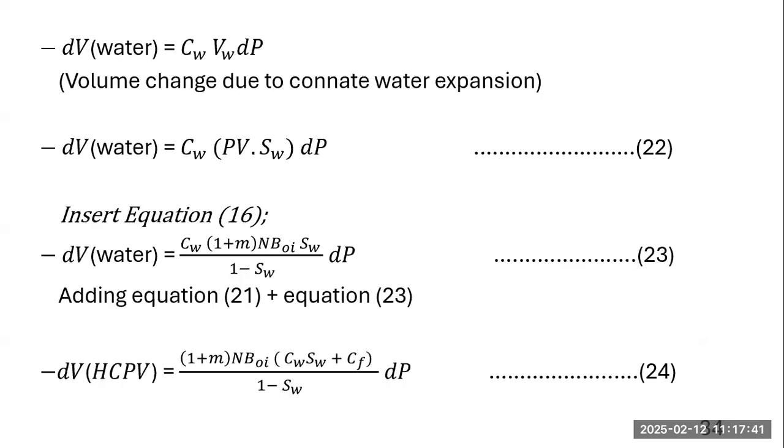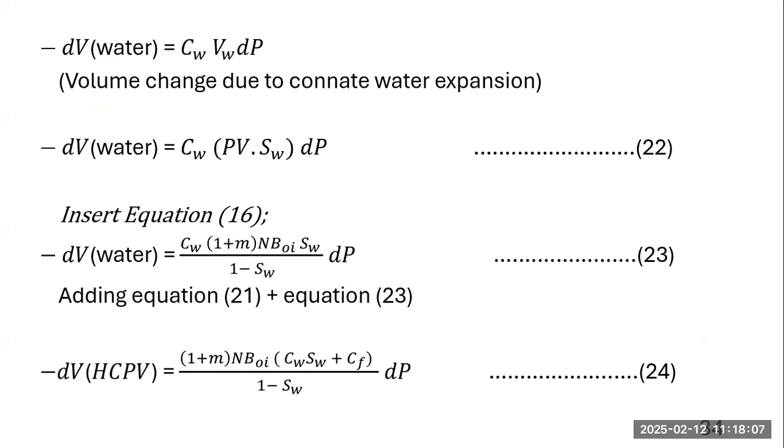So you have equations 21 and 23. I want you to write out these equations and actually do the additions yourself. On adding it, you will have the change in hydrocarbon pore volume as a result of connate water expansion and rock compaction.